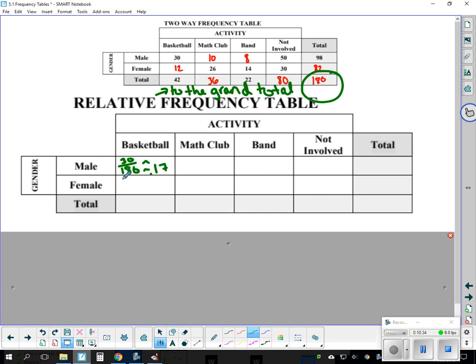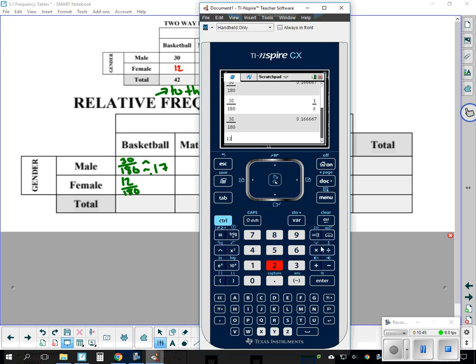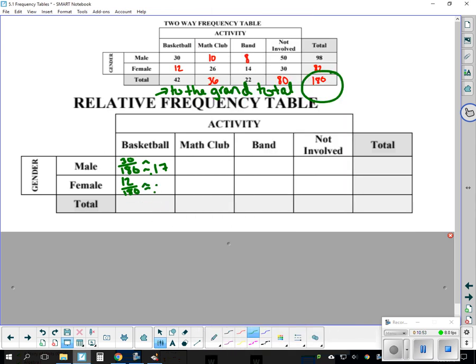Okay, so if I'm going down then, I would have 12 divided by the 180. So 12 from here and 180 because that is your grand total. 12 divided by 180, and I'm going to hit Control Enter to get the decimal, and that's 0.06 repeating, so I'll make it 0.07.